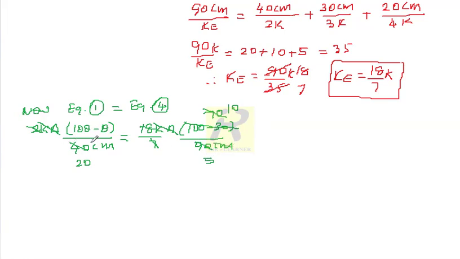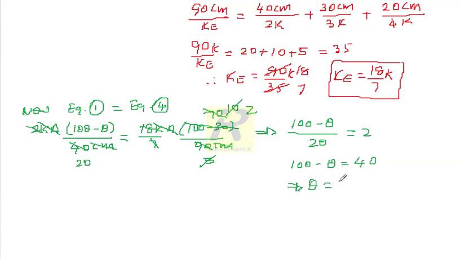Of course, the units centimeter already went. 5 and 10 gives 2. So what is left is 100 minus theta divided by 20, which equals 2. So 100 minus theta is equal to 40. That implies theta is 100 minus 40, that is theta is equal to 60 degree Celsius.